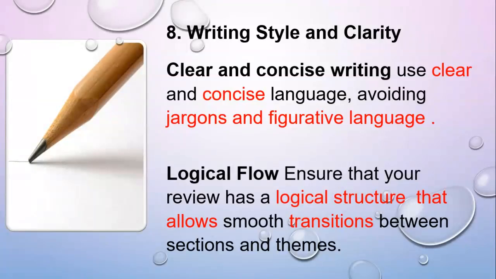You have to use clear and concise language, and avoid jargon and figurative language. You have to use academic language, right? And also you have to ensure the logical flow of your ideas, and ensure that your review has a logical structure and allows a smooth transition between the sections and the themes you are moving through in your review.